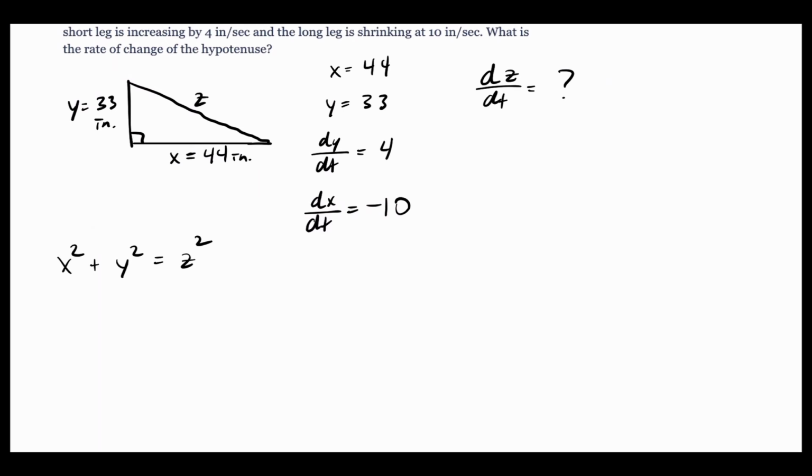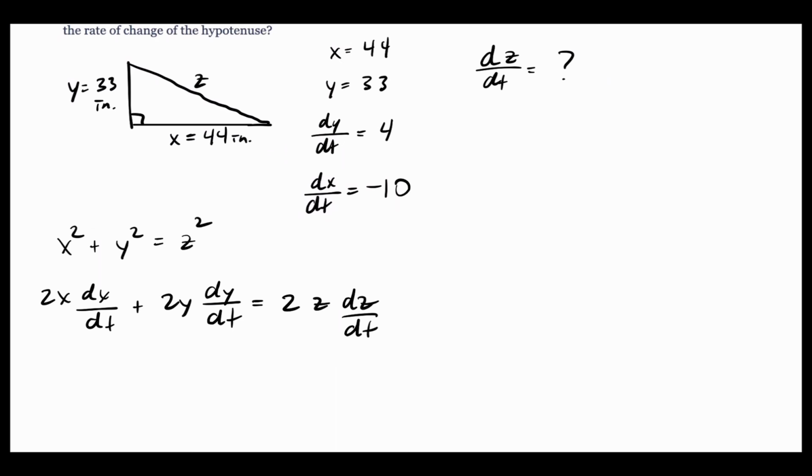So it's going to be 2x dx/dt plus 2y dy/dt equals 2z dz/dt. That was step 5.